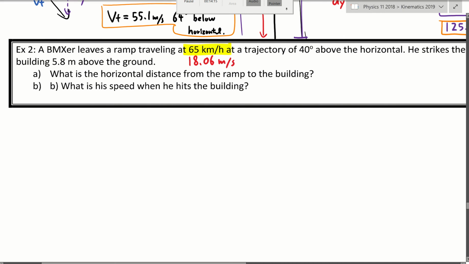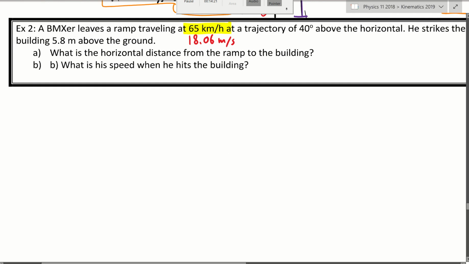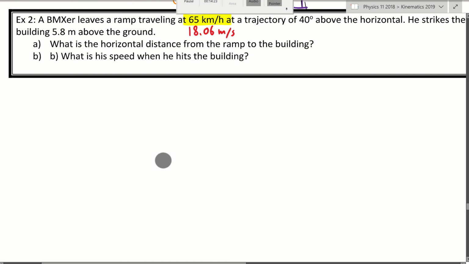Now, secondly, I have to draw a picture. I'm a little bit confused when I first see this question because in my head, I immediately see two different answers. What they gave us is the height of the building at 5.8 meters. So we have a building here, and the building is 5.8 meters, from here to here. And then we have the car that is going to launch at an angle.